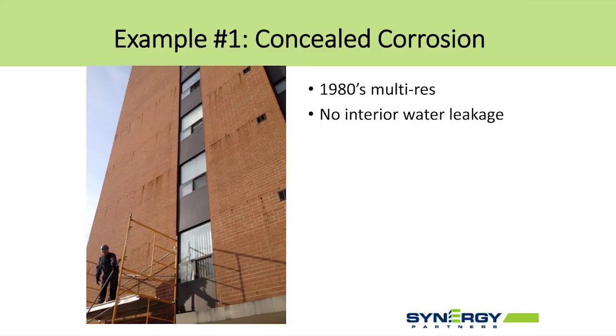So the first example here is a 1980s multi-res building, and no indications of water leakage on the interior. Nothing more than the staining that can be seen at the floor slab levels. And this is actually rust staining coming out from the floor slabs.